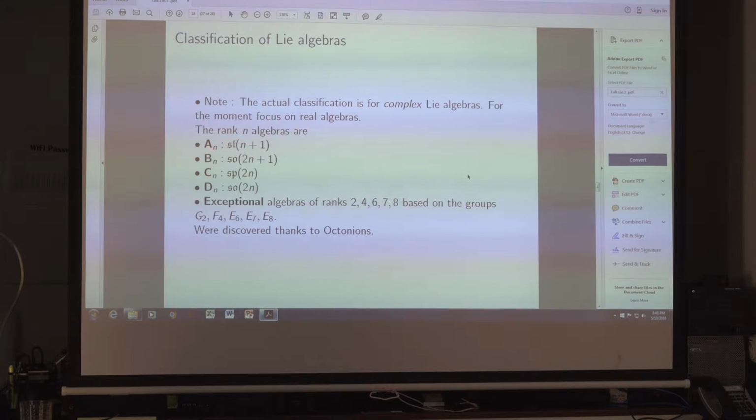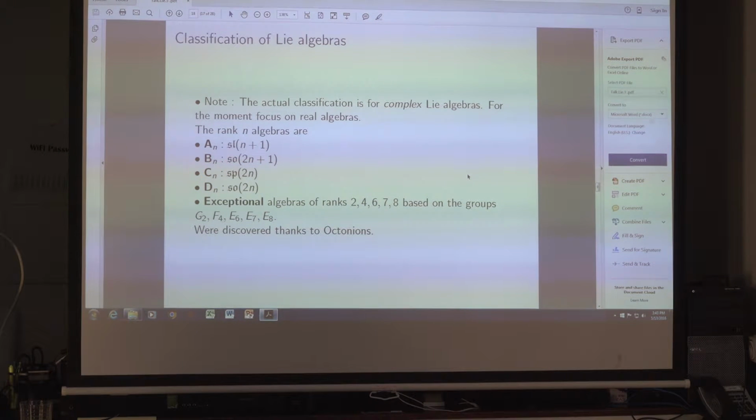When you have rank 1, you have SL2. Remember, the SU2 algebra really lives inside the complex SL(n) algebra. But to be rigorous, mathematicians define it like this.